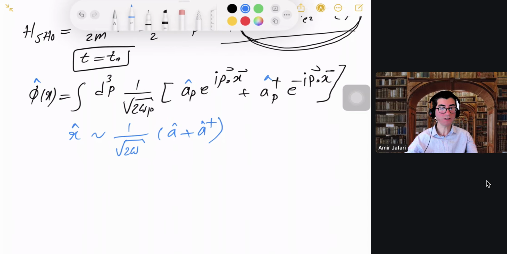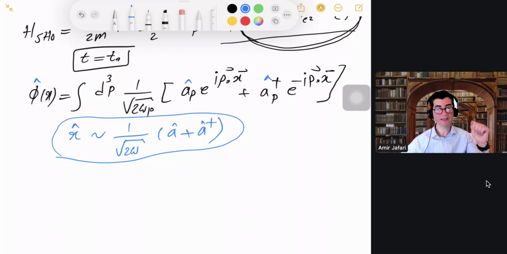Now we are ready to use the similarity with the simple harmonic oscillator and define the conjugate momentum of the field and the Hamiltonian of the field, write down the commutation relations and promote it to a quantum field. Now, this is what we have for the simple harmonic oscillator, the position. Instead of position, we have phi, the field. Instead of changing the position of the simple harmonic oscillator, we excite the field. So this is the similarity we have.